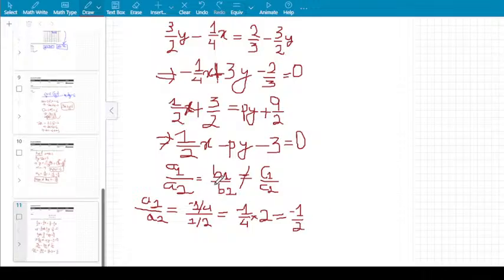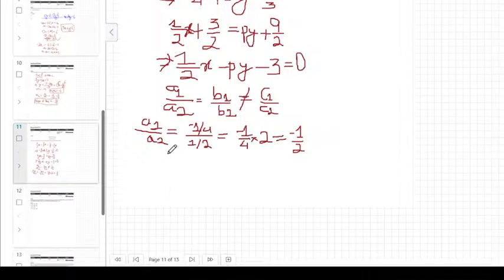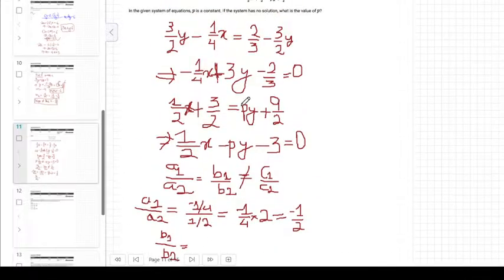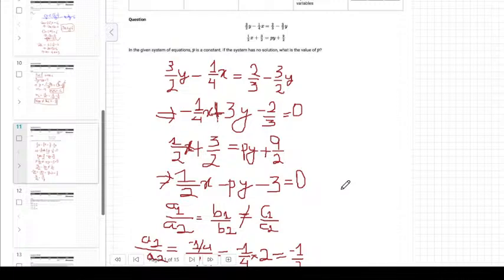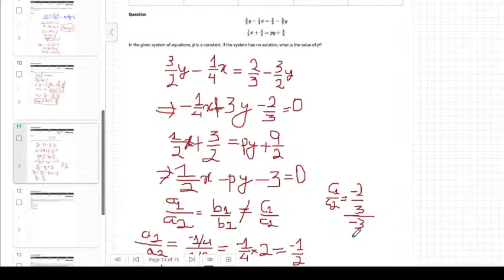Okay, now for b1 by b2, we have 3y and minus py, so 3 by minus p, and this should be equal to minus 1 by 2, and c1 by c2 is not equal to minus 1 by 2, because c1 by c2 would be minus 2 by 3 divided by minus 3, so this will be multiplied by 1 by 3.